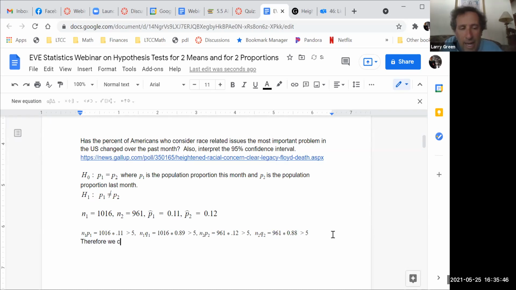Therefore, we can proceed with the hypothesis test, since the sampling distributions are approximately normal.